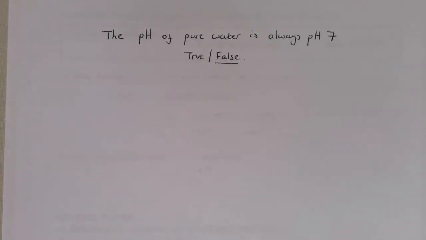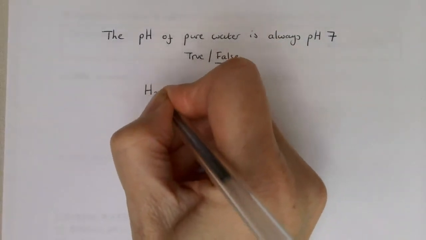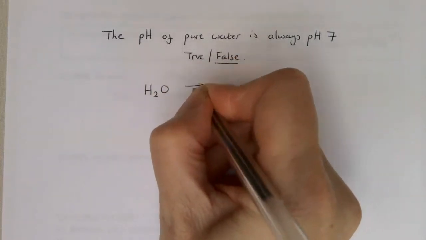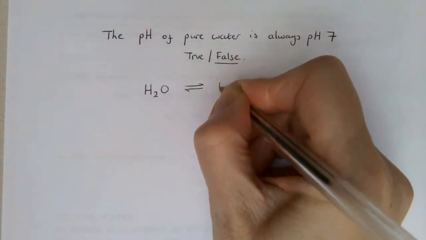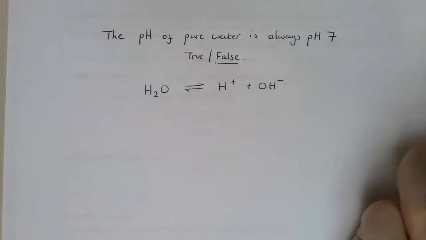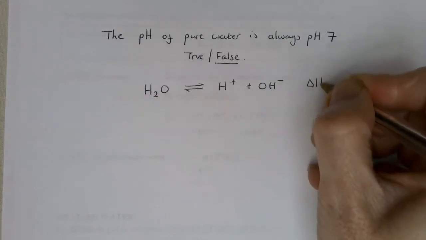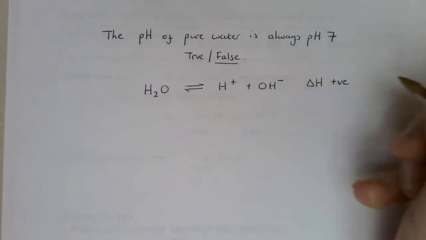So this goes back to something you've learnt about in equilibria, but also something we've looked at here, Kw. So if we consider this reaction of water again, so water slightly ionizing to form hydrogen ions and OH negative ions. Now this reaction is endothermic in the forwards direction.